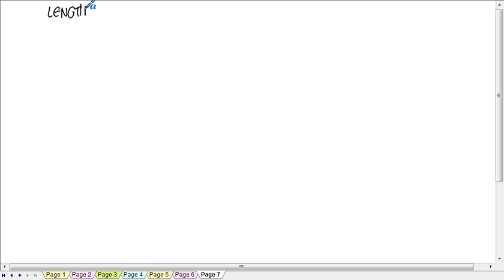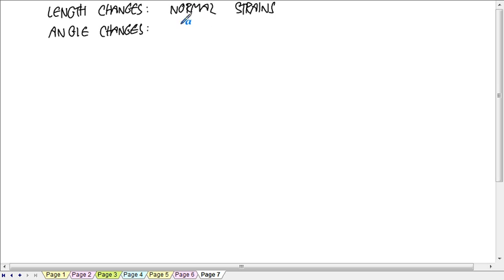Length changes are referred to as normal strains. And angle changes are referred to as shear strains.